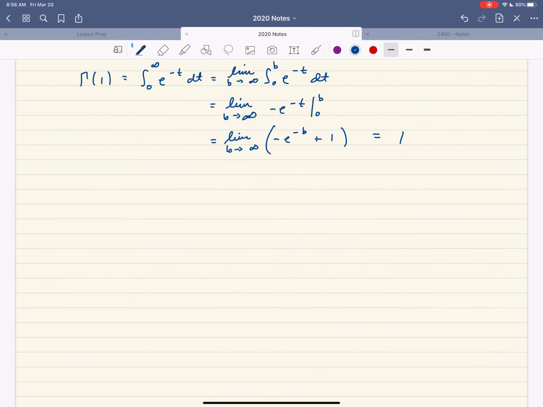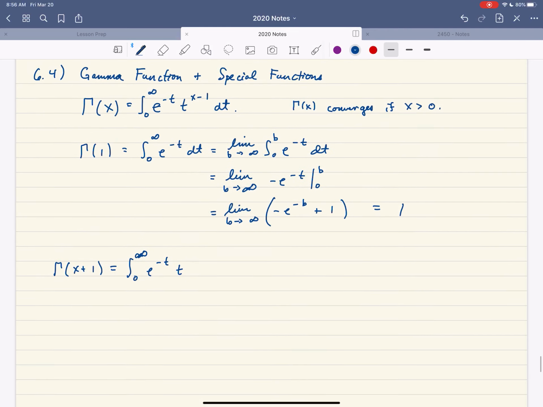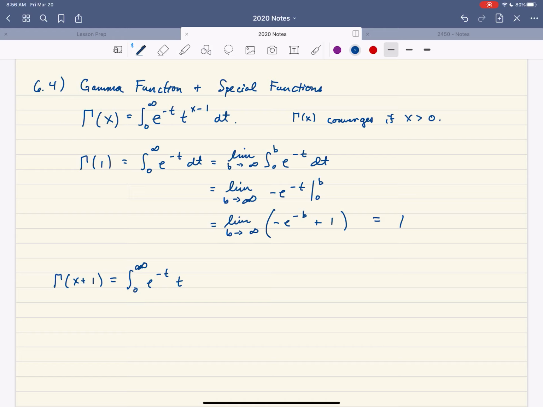And then I actually want to show you a recurrence here, gamma of x plus 1. And gamma of x plus 1 is going to be the integral from 0 to infinity of e to the negative t, t to the, well, if we replace the x with x plus 1, this becomes t to the x dt.